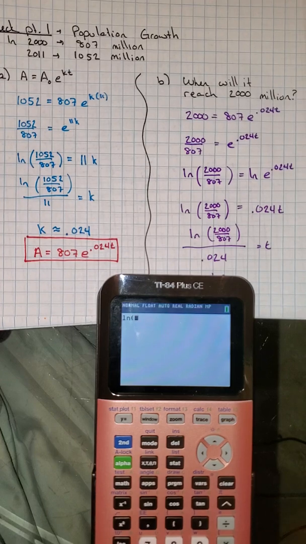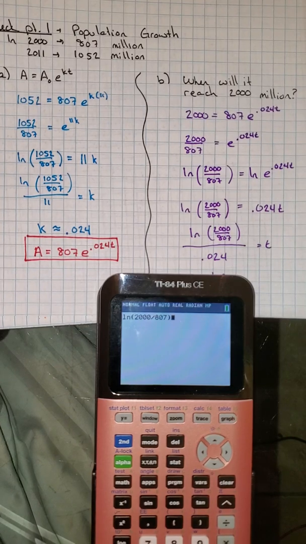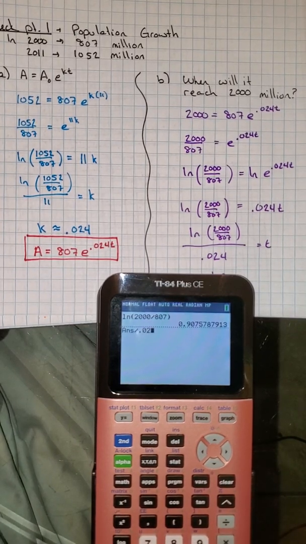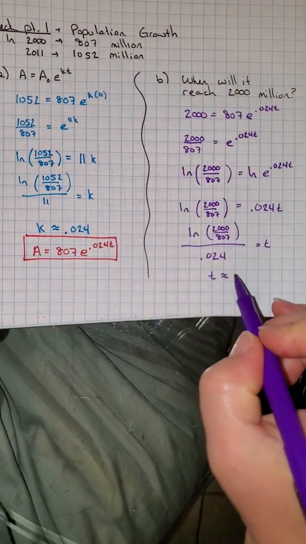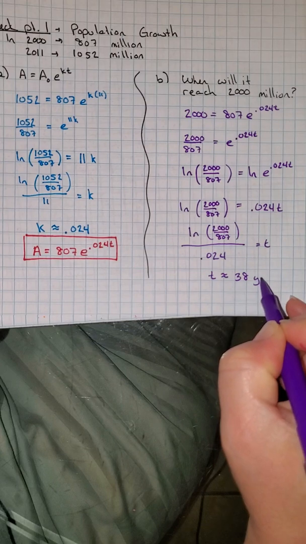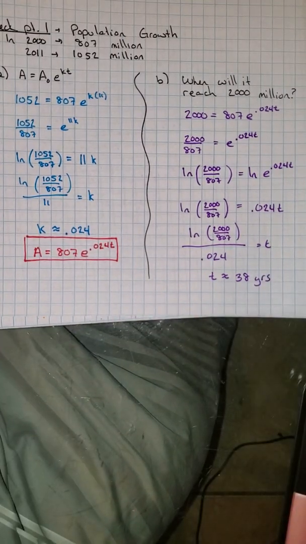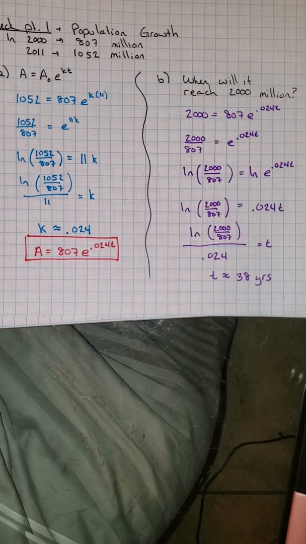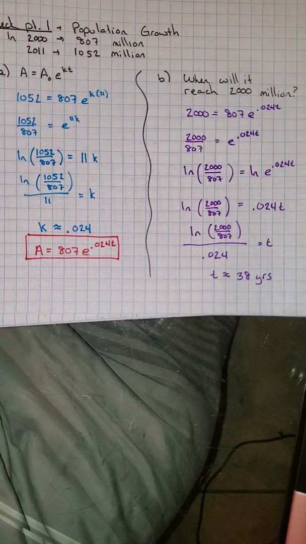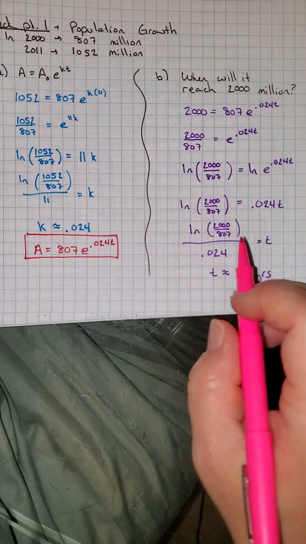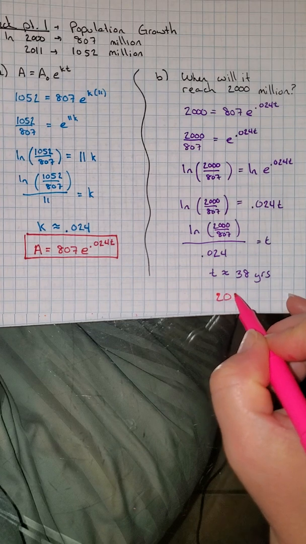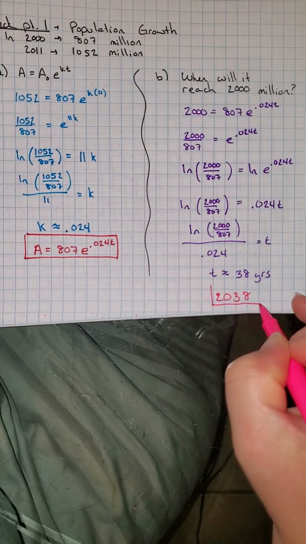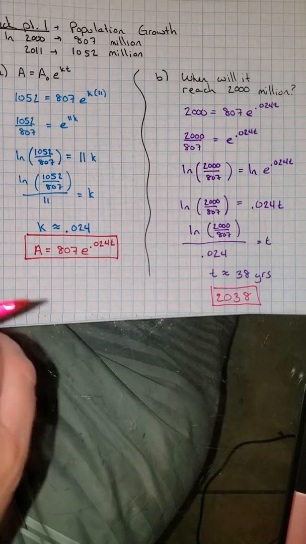So natural log of 2,000 divided by 807, and divide by 0.024. We get about, let's say, 38 years. So remember, that's what t is, 38 years after the year 2000. So by what year will it reach 2,000 million or 2 billion people? It would be the year 2038, because we're going at years after 2000. So that would answer that question.